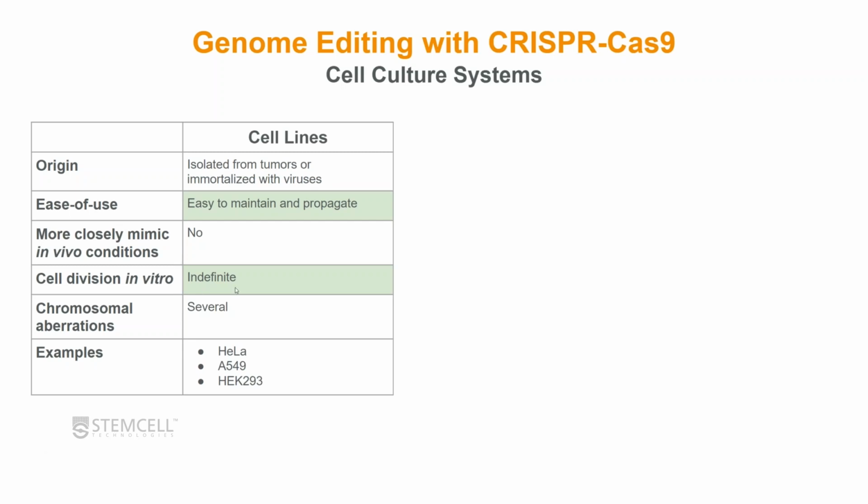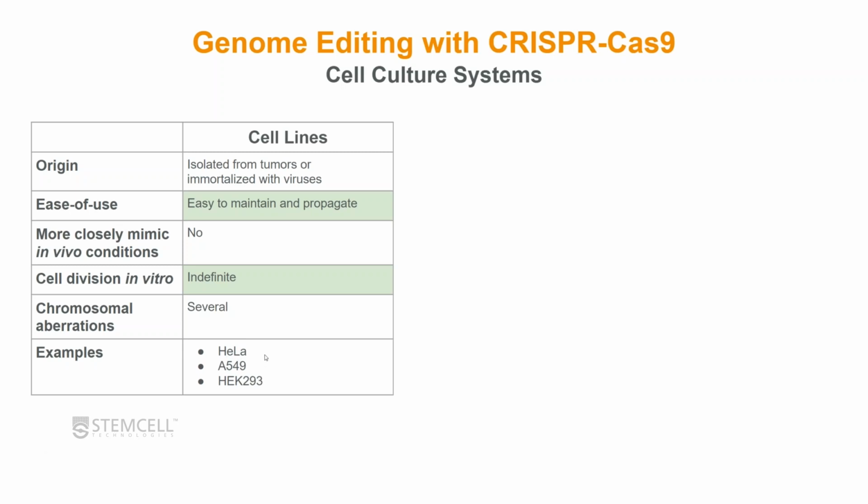So they're very useful because they're very easy to maintain, easy to propagate, and very easy to manipulate as well. However, there's also some drawbacks with these immortalized cell lines, including that they do not very closely mimic in vivo conditions, and they can harbor several chromosomal aberrations, and this is because they're typically cancer cell lines. So some examples include HeLa cells, A549, and HEK293.